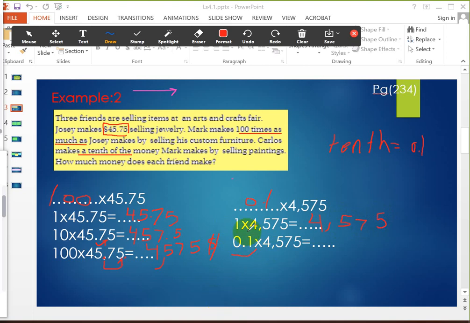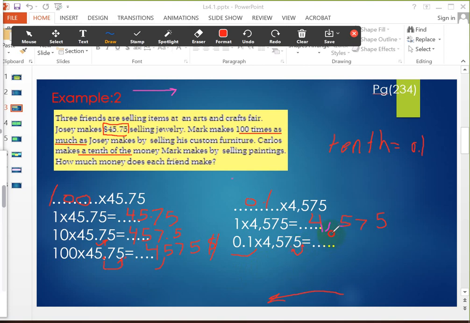When we multiply a decimal number with any number, you have to move the decimal point to the left side, number of digits equals number of digits after the point. I have only one digit after the point. So I have to move the decimal point. Where's the decimal point? Right here, because this is a whole number. I have to move it one digit only. So it will be right here.